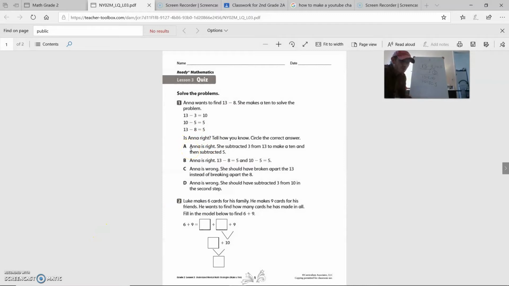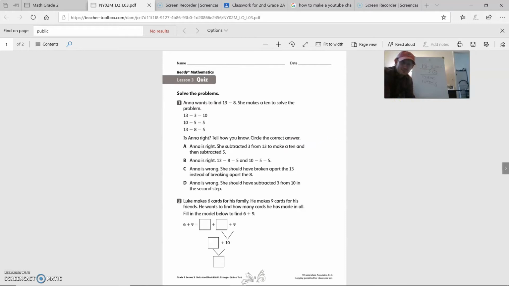But whenever you do a question with multiple choice, you want to look at all the answers to make sure that you know that you're getting it right. So let's just double check. B says, Anna is right. 13 minus 8 equals 5, and 10 minus 5 equals 5. Well, that's true, but it doesn't really have anything to do with what Anna did.